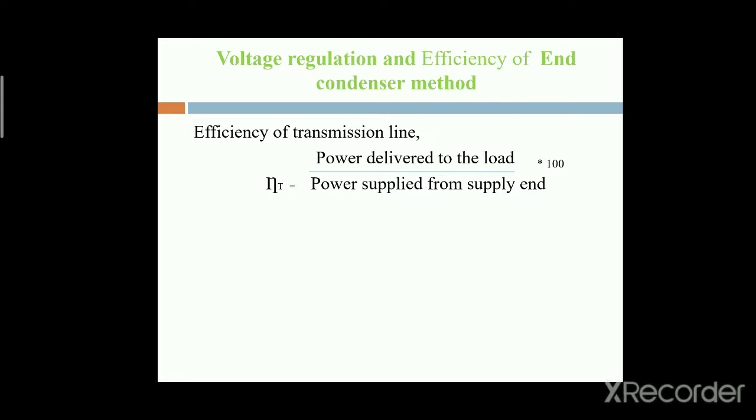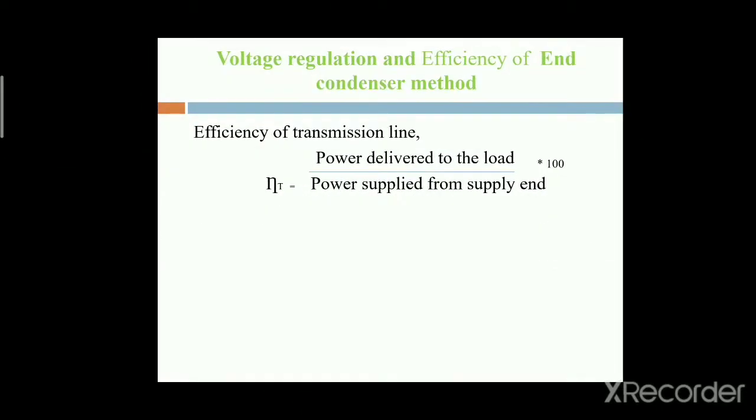We already know the formula of power: P equal to VR IR cos phi R. The power supplied from the supply end is equal to the power delivered to the load plus line losses.